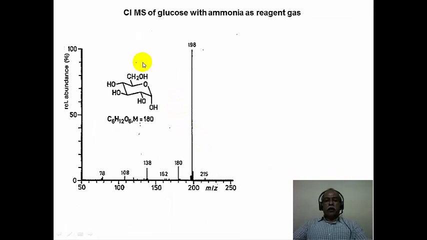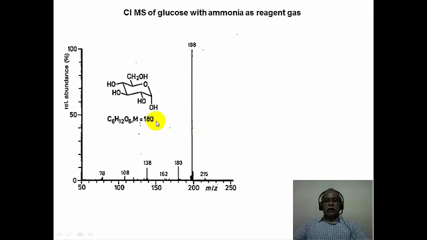Now, a molecule like glucose, for example, undergoes extensive fragmentation in electron impact ionization mass spectrometry. This is very typical of many sugar derivatives, particularly when the sugar derivative has free hydroxy functional groups without any protecting groups protecting the hydroxy functional group. So in order to get the molecular ion peak of glucose, this was done using chemical ionization mass spectrometry using ammonia as the reagent gas.